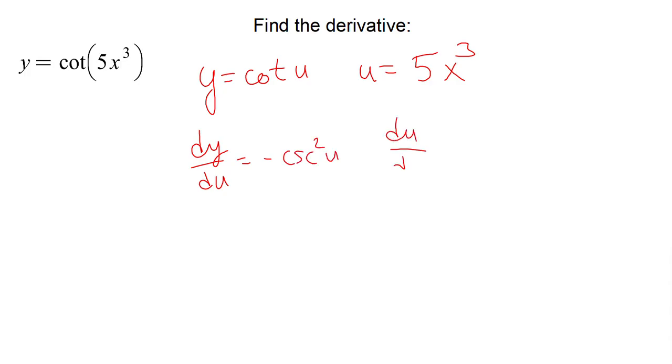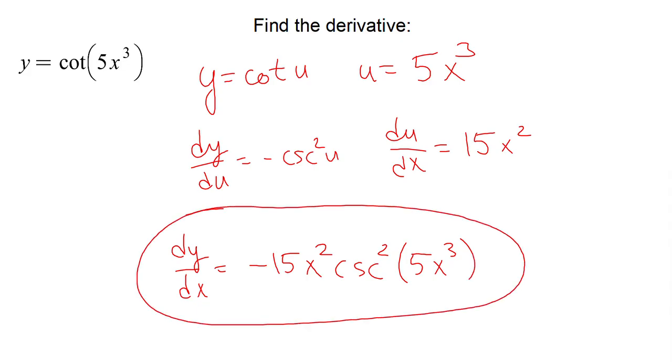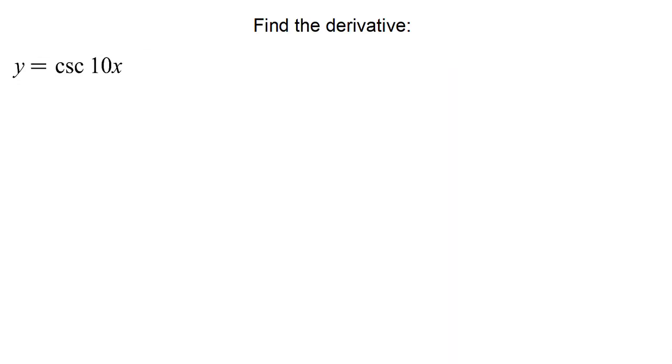And we've got du/dx is equal to 15x squared. So again, when we multiply those together, dy/dx should be negative 15x squared times the cosecant squared of u, where u is 5x cubed. And that should be our final answer for number 5.